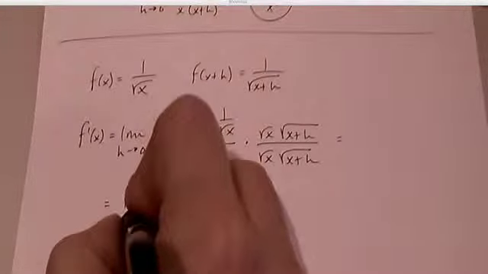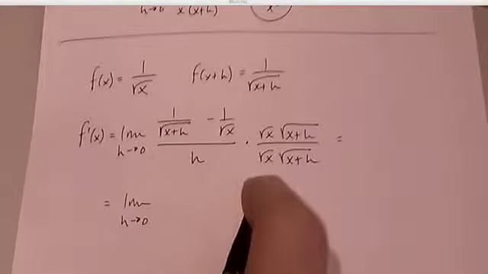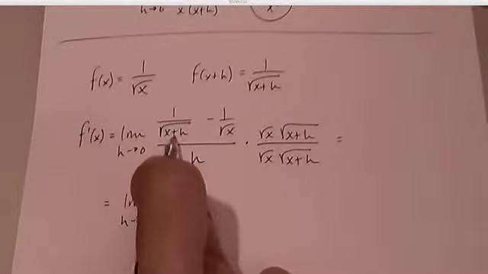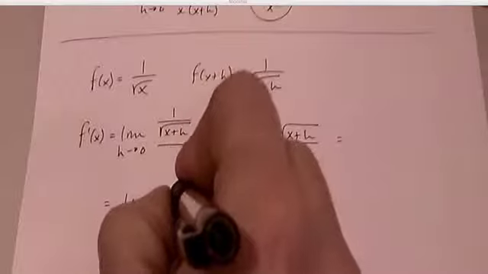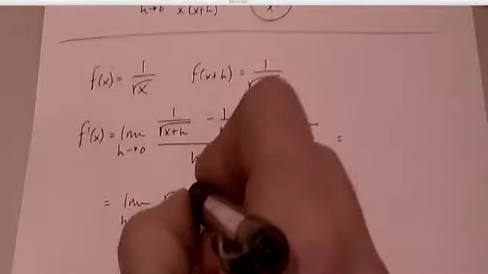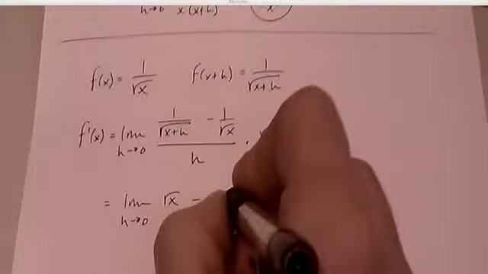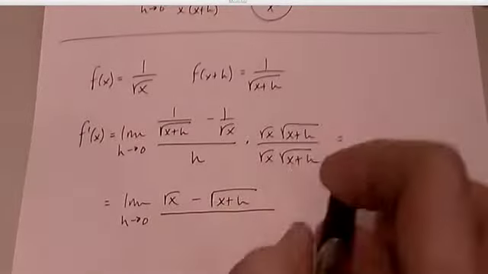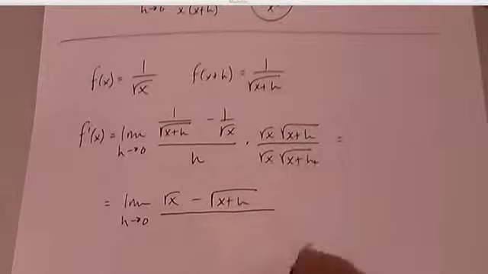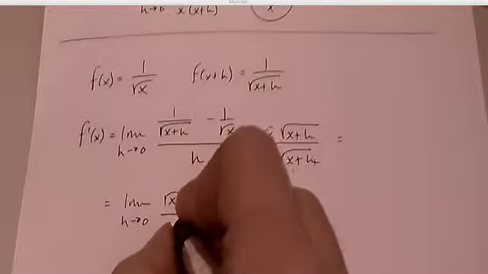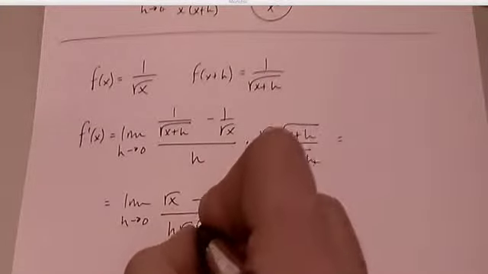And so I have the limit as h approaches 0. When I distribute this to the first term, the radical x plus h cancels, and I'm left with radical x. When I do it to the second term, the rad x cancels, and I'm left with rad x plus h. Now again, make sure that you take this and join it up with the h as part of that new denominator.